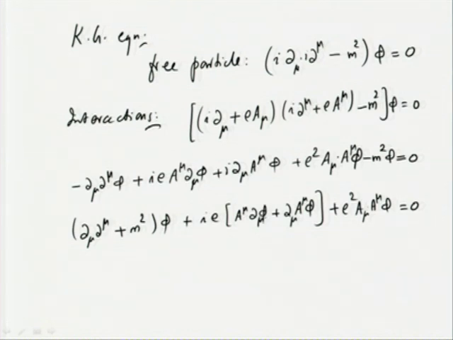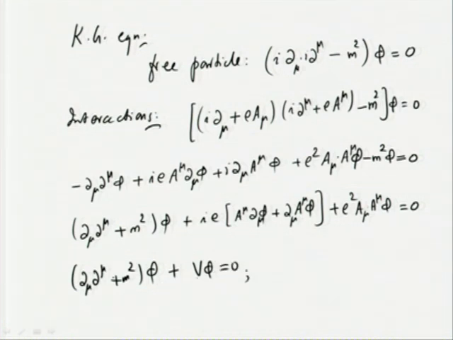Phi was missing there, so I just added that. Call this the potential. So, let me rewrite this equation as dou mu dou mu plus m square, which is the free part, acting on phi, plus V phi equal to 0.